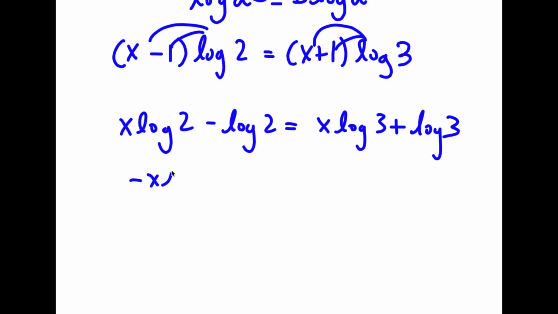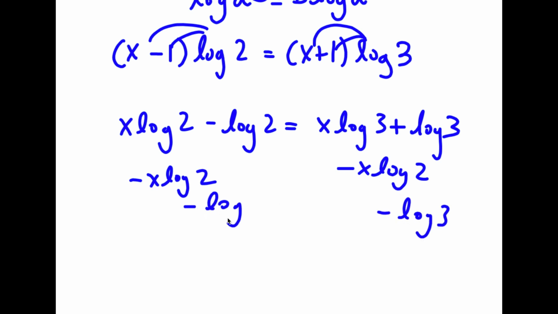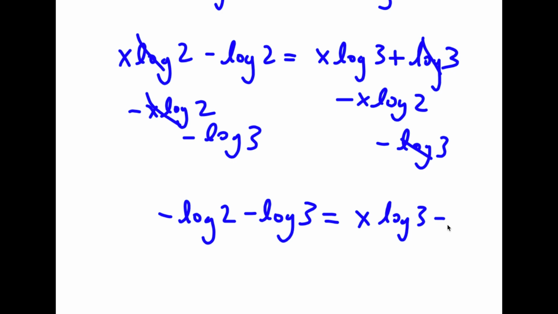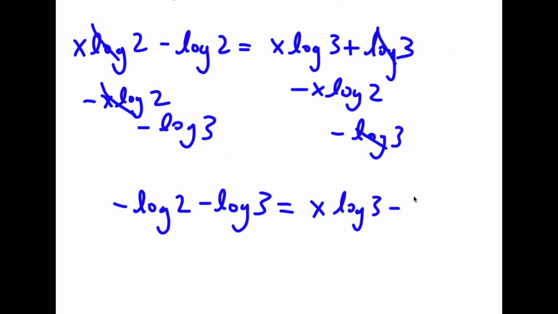Now I'm going to subtract x times log 2 on both sides, add log 2 on both sides, and subtract log 3 on both sides. So then these two cancel out, and I have negative log 2 minus log 3 is equal to x times log 3 minus x times log 2.